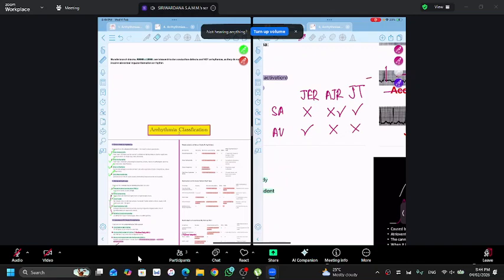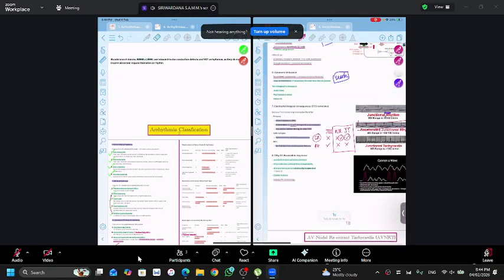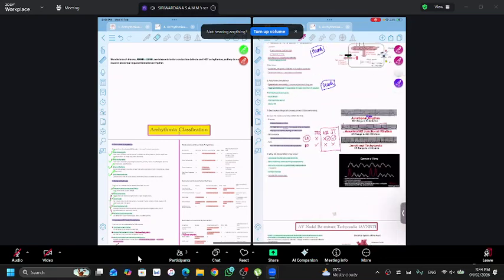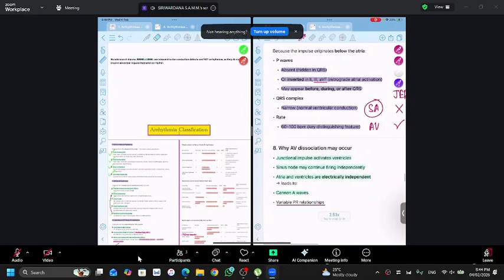So during accelerated junctional rhythm and junctional tachycardia, the SA node can be normal. So the SA node can continue to fire independently of the AV node. Basically, the atria contract according to the SA node and the ventricles contract according to the AV node. That leads to something called atrioventricular dissociation.